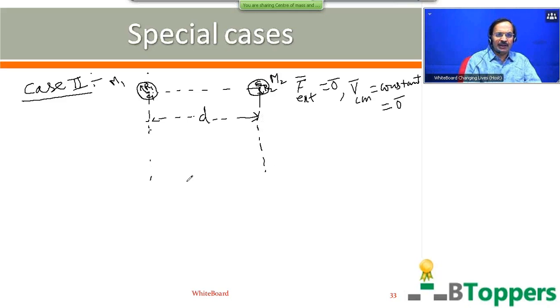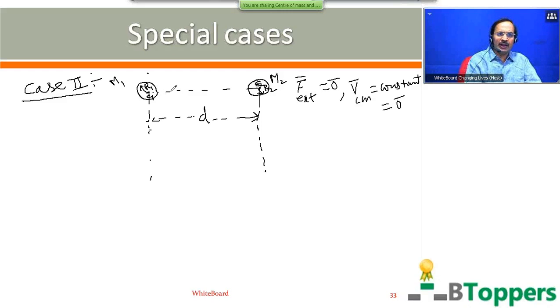The difference between the earlier case and this case is that in the earlier case we considered two point masses, and I said they collide at the point of the center of mass. Here they are considered two uniform solid spheres.